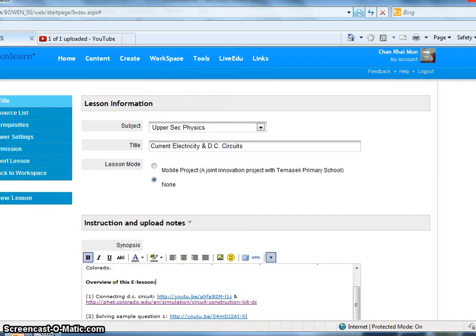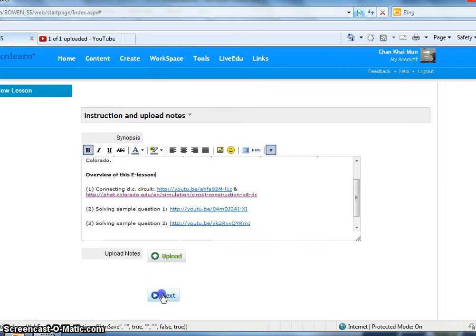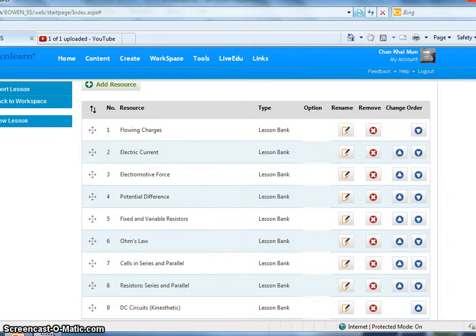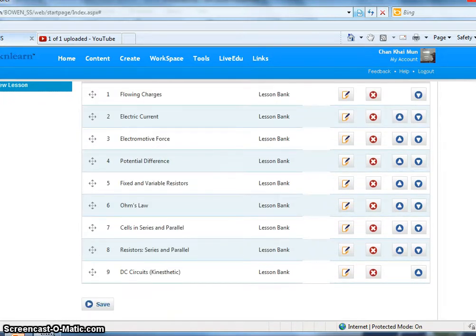And in Ask and Learn, I have in all 9 submodules for you to learn about the DC circuits. Starting with the very basic things, what constitutes electric current will be the flow of charges. What actually causes the charges to flow in the circuit will be the electromotive force.